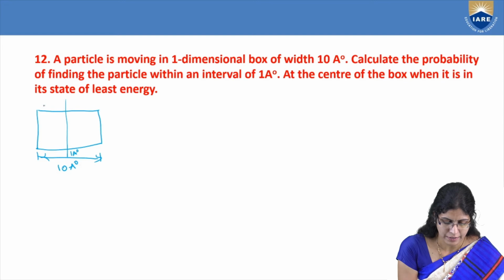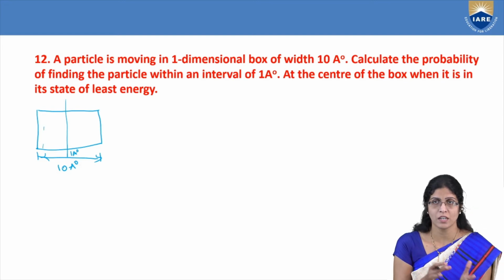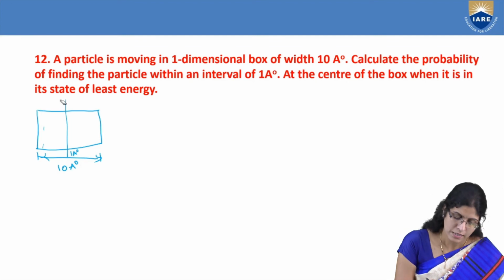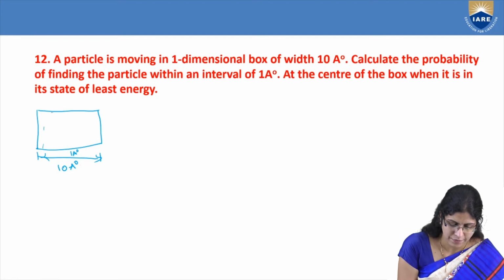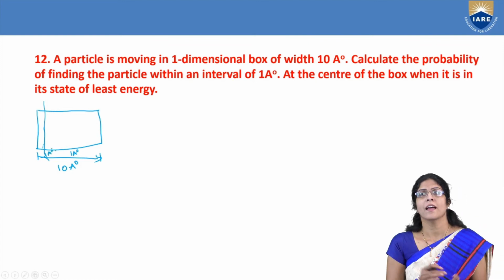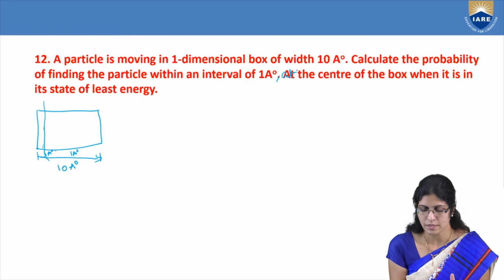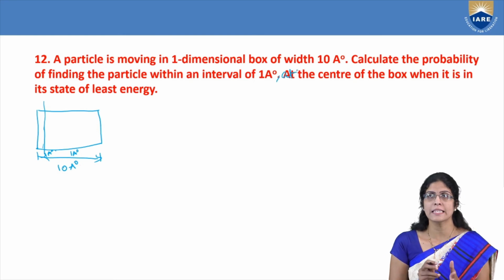Maybe I can take it here, but let me represent it as 1 angstrom because till now you have taken it, or else I'll take it somewhere here. 1 angstrom. Why should I not follow the scale? Okay, at the center of the box, within an interval of 1 angstrom, at the center of the box, this is continuation. At the center of the box, when it is in the least state of energy.